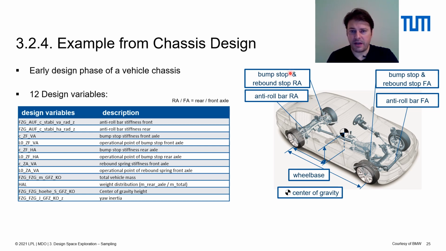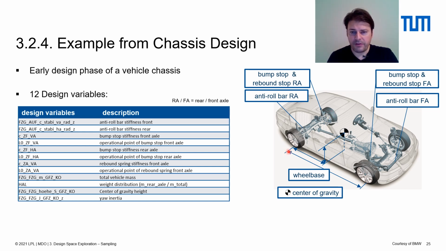Then we have a bump stop element that softens the impact when you hit a bump on the road and the vehicle is abruptly accelerated upwards. And then there's also a so-called rebound stop, which is a spring within your shocks that will prevent impact from the wheel moving downwards too abruptly.